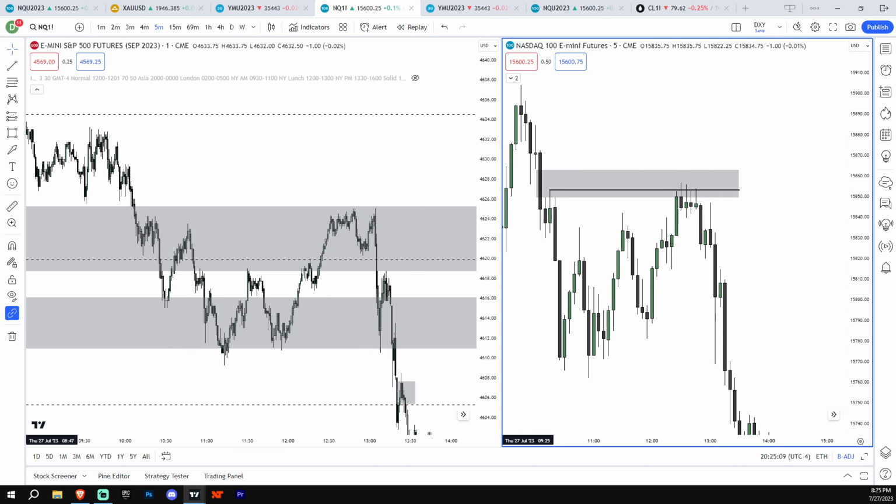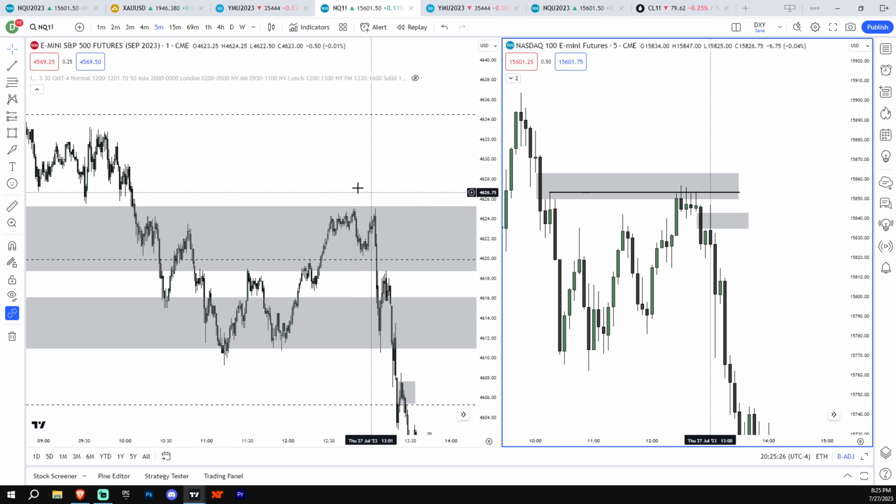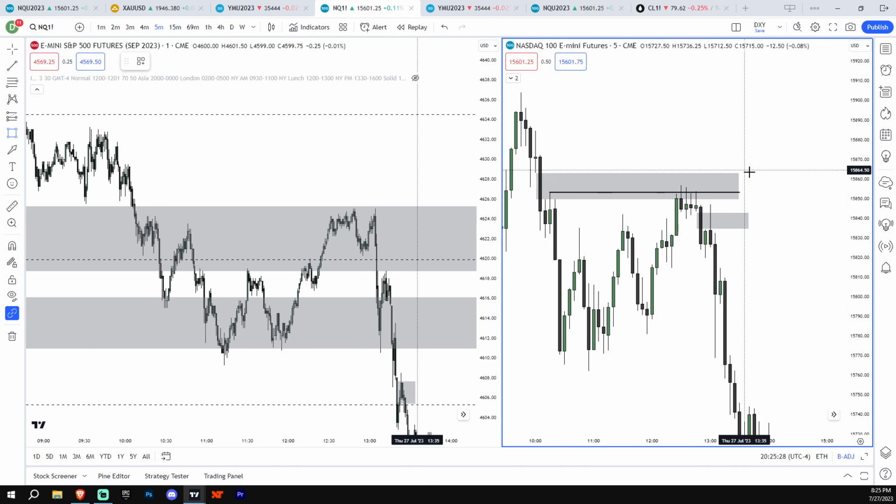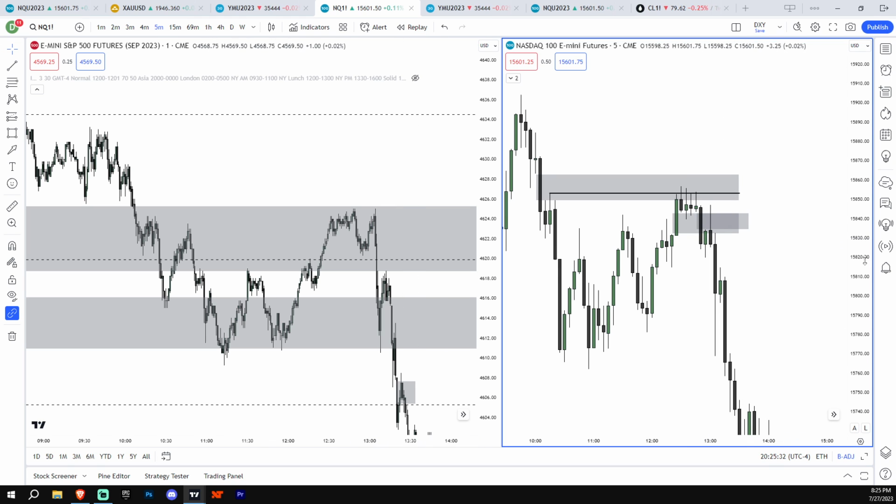So you can just see NQ is rejecting from that fair value gap, and it gave us a confirmation setup on NQ. When you see this, I always talk about confirmation setups. You can see this was inverse as well. So this is inverse, and this is the confirmation short.